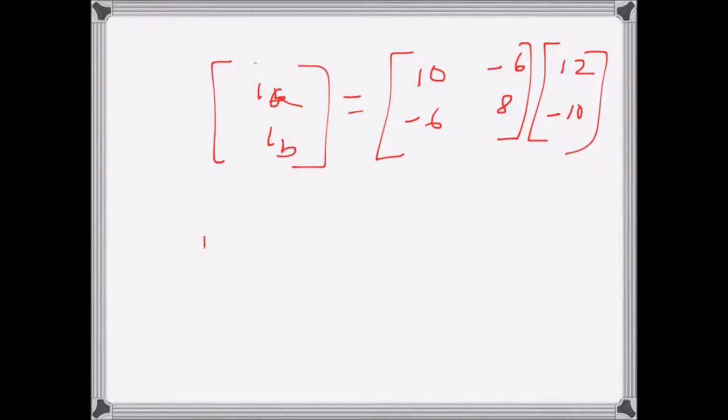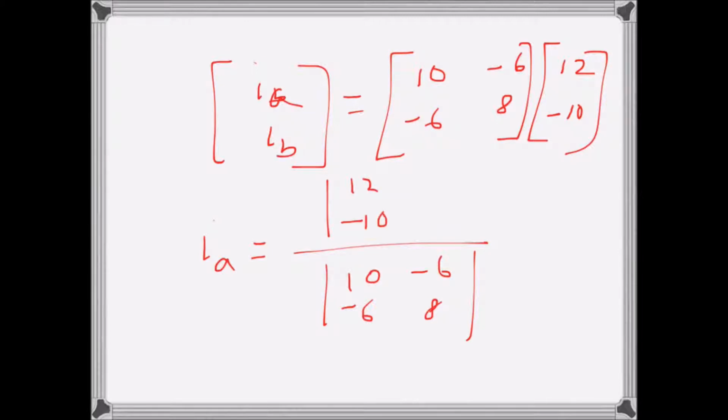So in determinant form, I can write IA as the determinant with 12, minus 10 in the first column and minus 6, 8 in the second, over the determinant 10, minus 6, minus 6, 8.